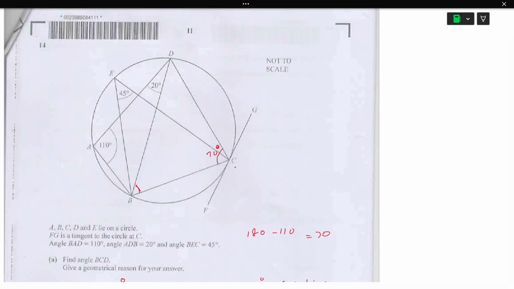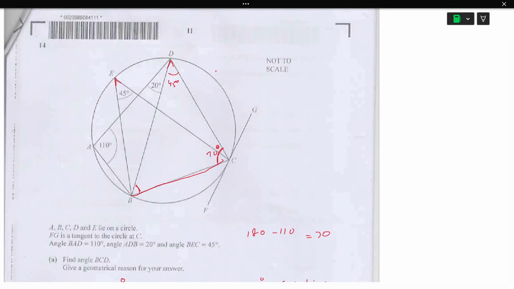The same base subtends these two angles. The base here is 45, so here also it is 45 degrees, because the same base BC is the base. The angles subtended from the same base are equal, so it's 45.